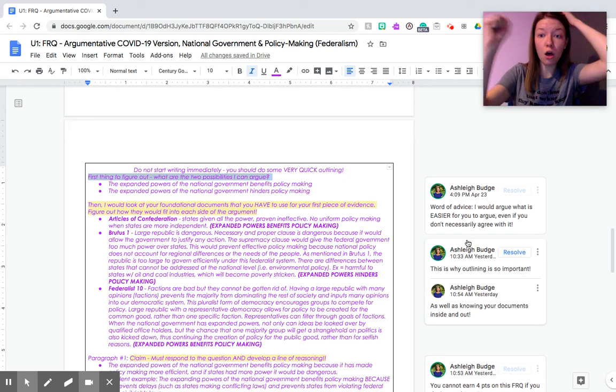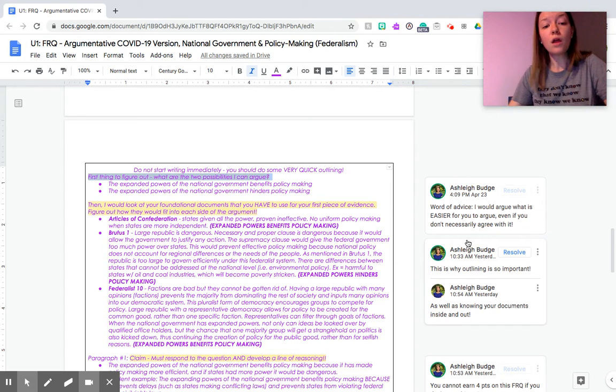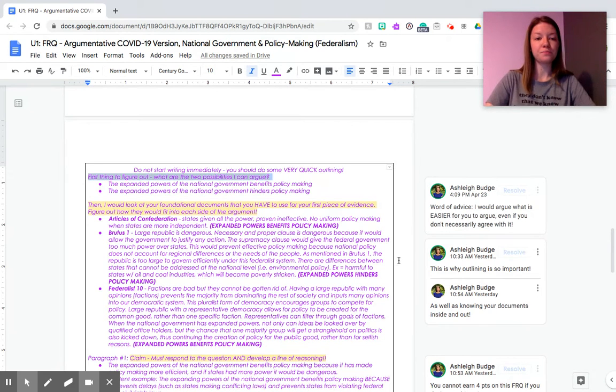So if you're gung-ho that expanded powers of the national government hinders policymaking, but as you'll see, I think it might be easier to argue that it benefits policymaking, go with what's easier, okay? Because otherwise you're going to be sitting there racking your brain. You might not finish. You might not get the points, okay? So that's just a word of advice.